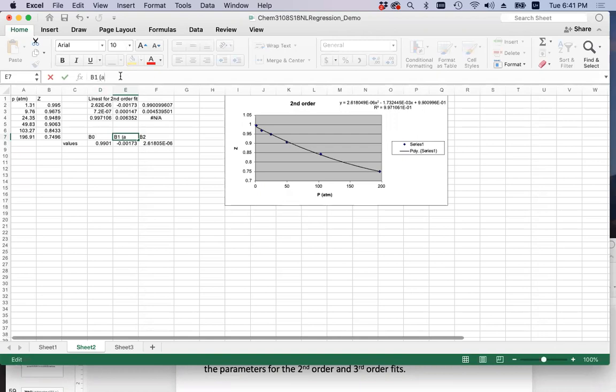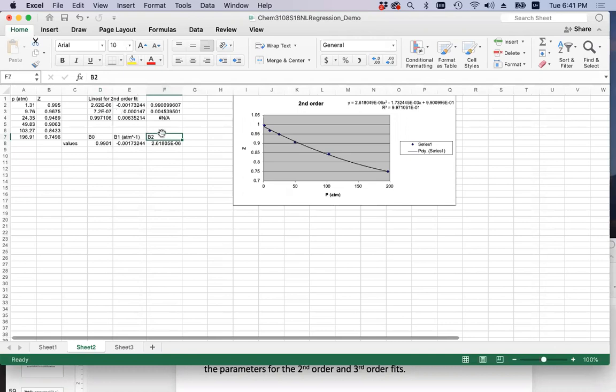So this is going to have units of reciprocal atmospheres. And the second order virial coefficient gets multiplied by pressure to the second power. But when we multiply those two numbers together, we should get a unitless compressibility. So the units of this number have to be reciprocal atmospheres squared, atmospheres to the minus 2.